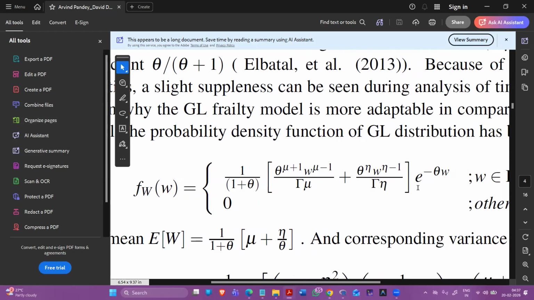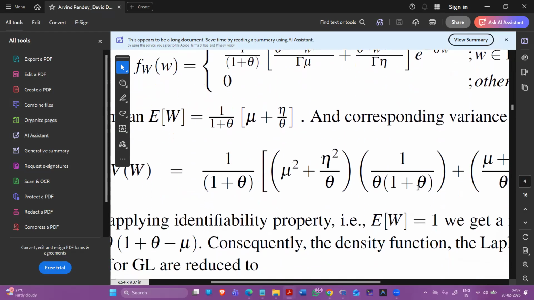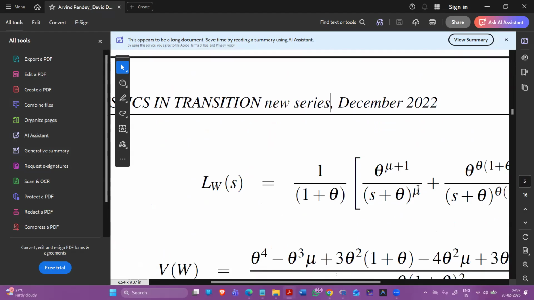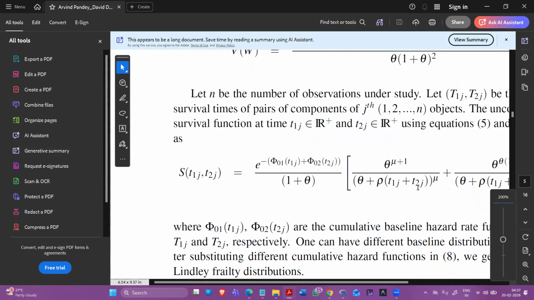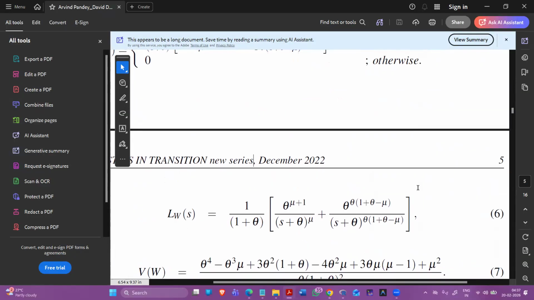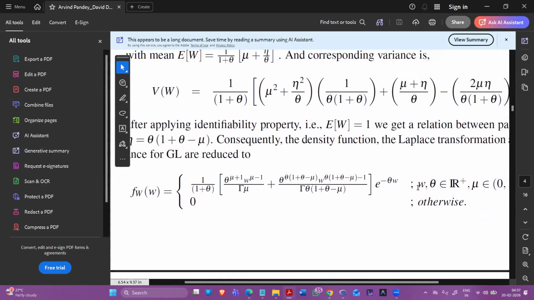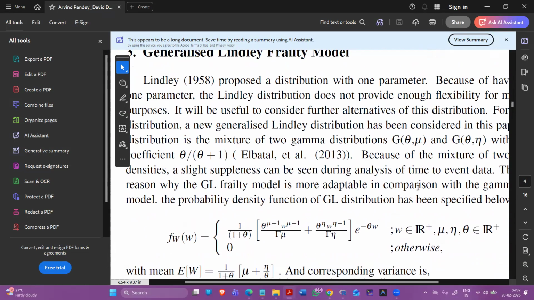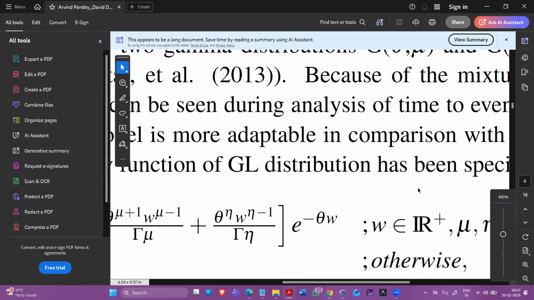If you just see this one, it is very difficult to generate a random number from this distribution. Yes or no? If you see the CDF here, did I write the CDF? No, I didn't write the CDF here, but this is the density that I am writing.